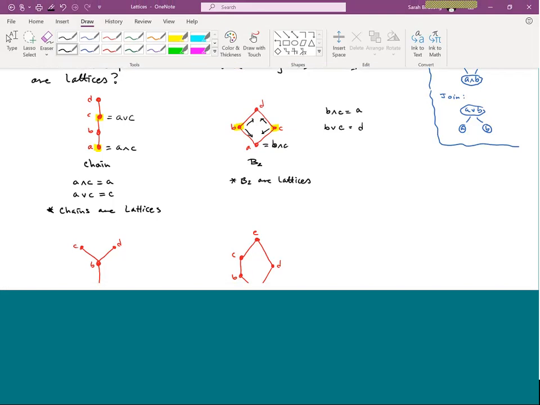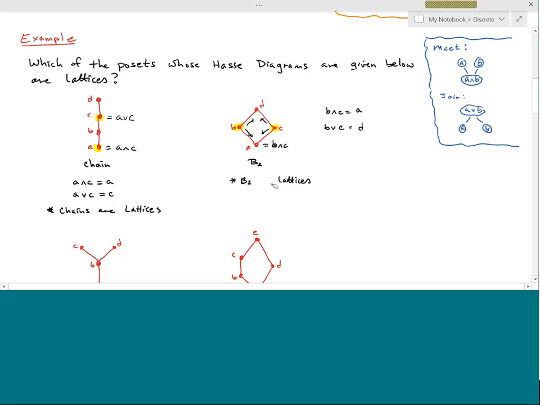So part of speech is a lattice. There we go. Okay. So these are the two classic examples. B2 is just the name of this guy. That's all it is. I don't care if you remember that part or not.